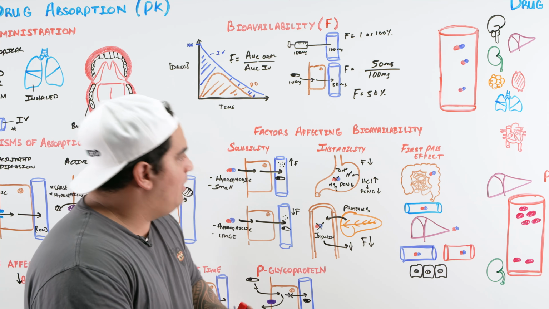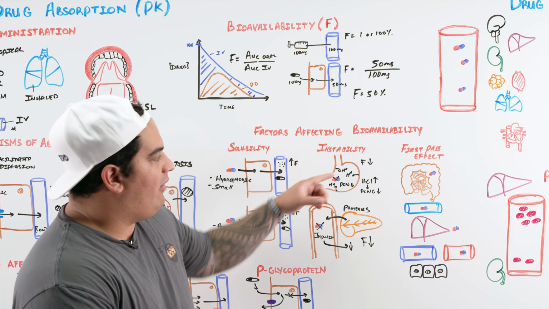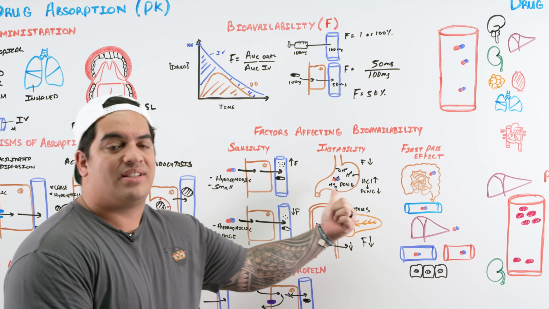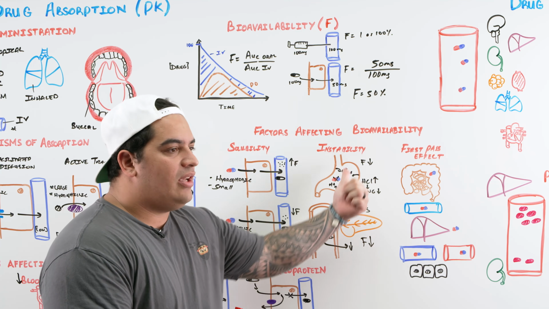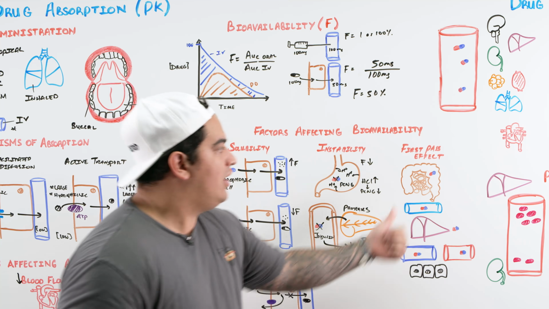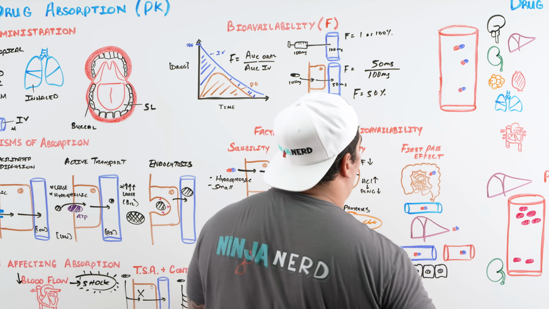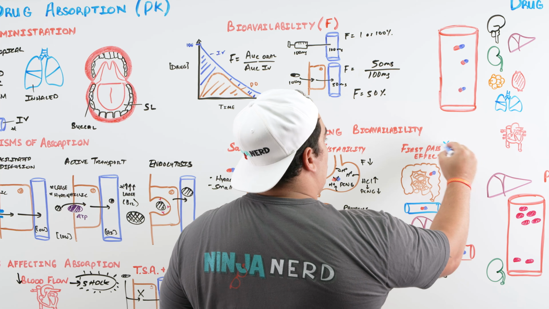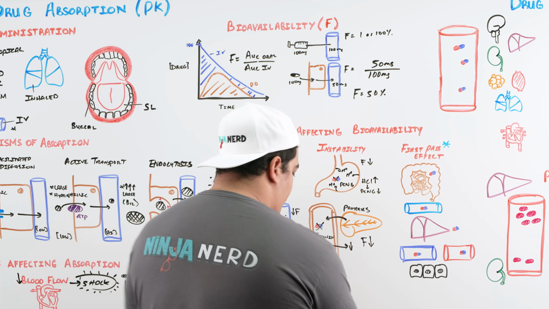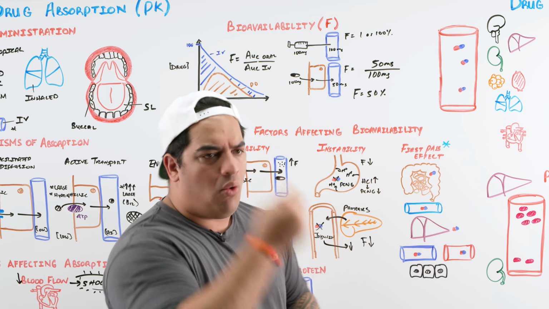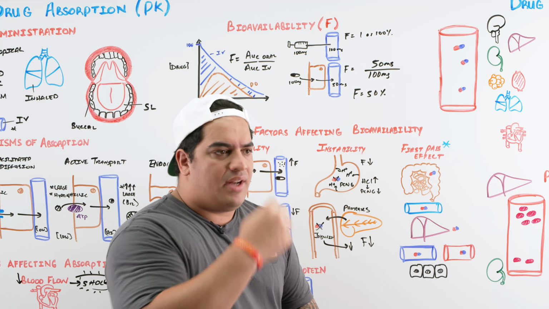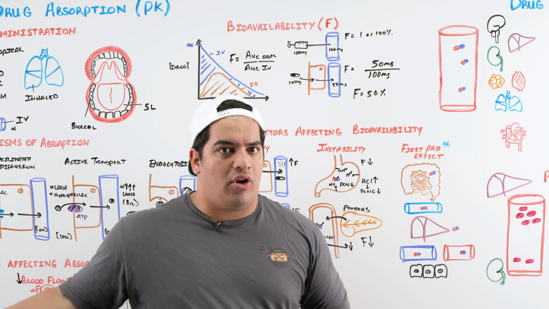All right, the next thing that we also talk about, factors that affect bioavailability, besides the solubility, besides the instability of the environment that it gets absorbed across, is also the first pass effect. And I think that this is probably one of the most important concepts when it comes to bioavailability. When you take a drug orally, we know that it's going to be exposed to a lot of different things that we've already talked about.